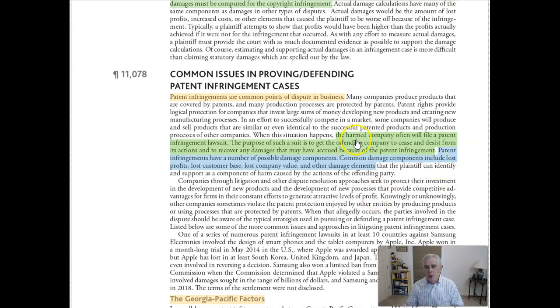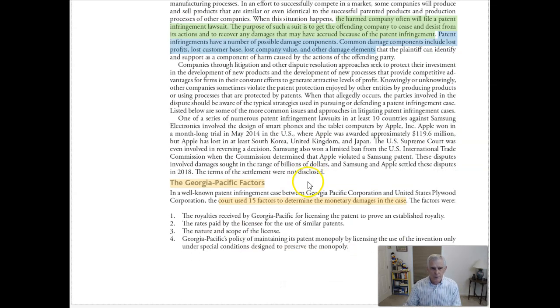Of course, the harmed company, the one holding a patent, they might file a patent infringement lawsuit, and they want the offending company to cease and desist and then reimburse the plaintiff here for any damages up to that date. And of course, a lot of components can be involved here.